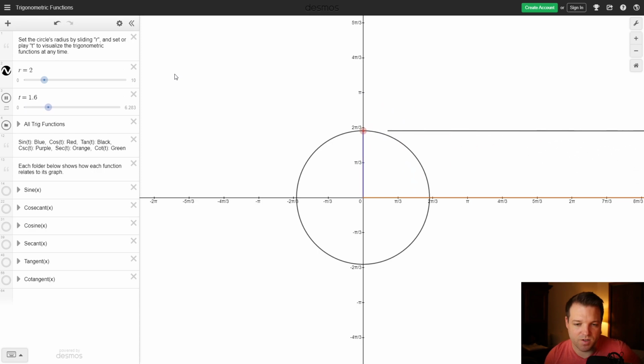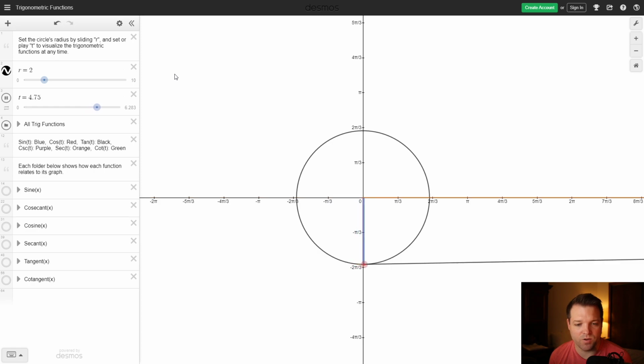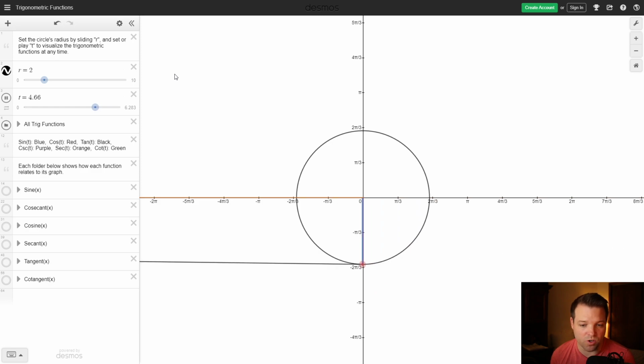And as this goes around the circle, I just want you to try to track some of these. See if you can spot the secant, for example, and how is that changing as we rotate around this circle? By the way, the secant is the orange one.